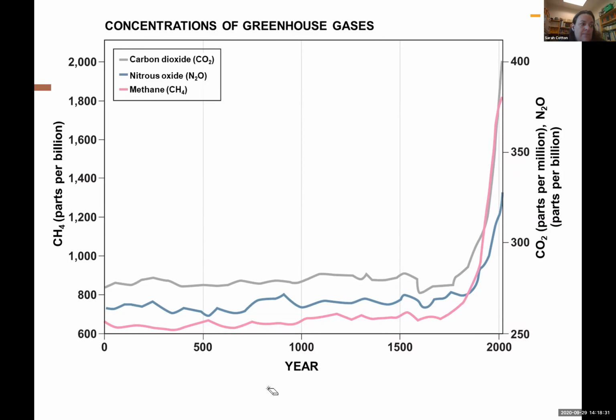So for a variety of reasons, not just the issue of global warming, global climate change, but also just because eventually we're going to run out, we need to invest in other ways of capturing energy, right?